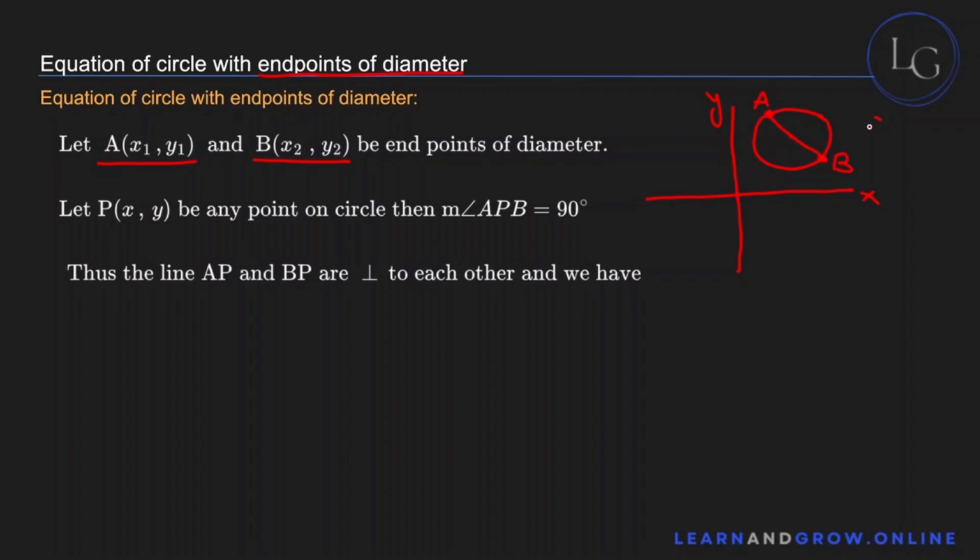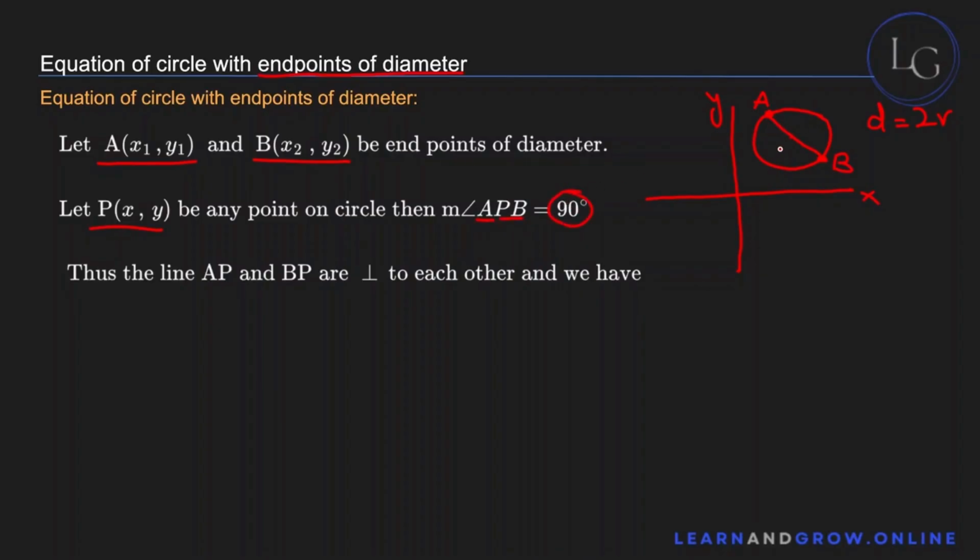and so this is the diameter of the circle. And as you know, the diameter is 2 times the radius. Okay, so let's say that the point P is a point on the circle such that the angle from A to P and from P to B is 90 degrees.